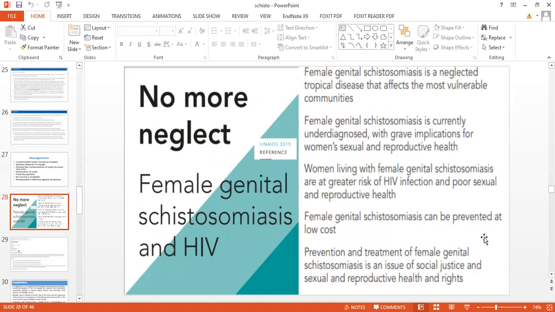Women living with female genital schistosomiasis are at great risk of HIV infection and poor sexual and reproductive health. Female genital schistosomiasis can be prevented at low cost, and the prevention and treatment of female genital schistosomiasis is an issue of social justice and sexual and reproductive health and rights.